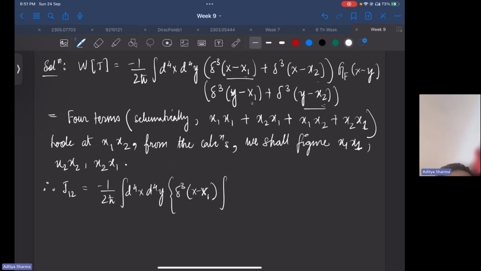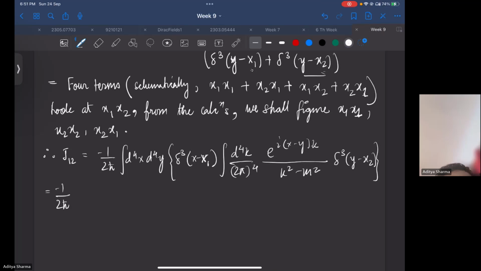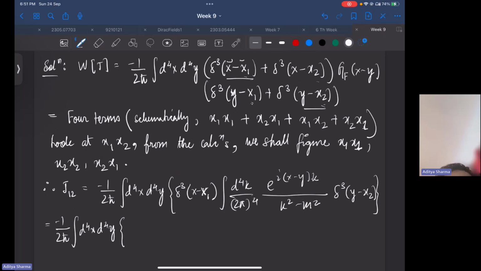G_F is nothing but G_F of x minus y, which is the integral d4k to the power 4, e to the power i k (x minus y), times square. Okay, one more thing. These are special positions. I forgot to mention.